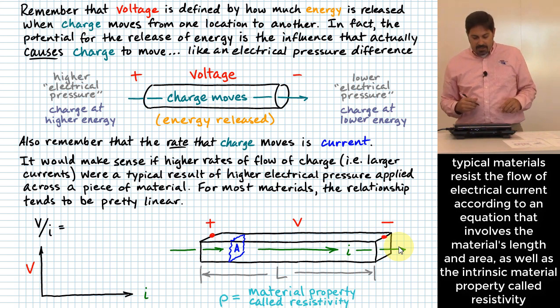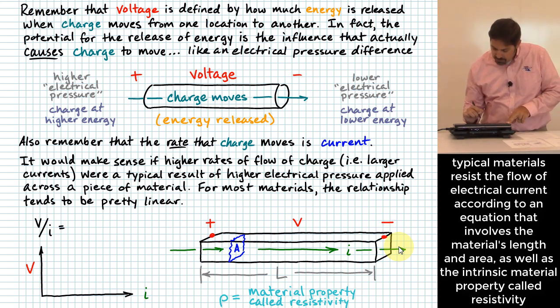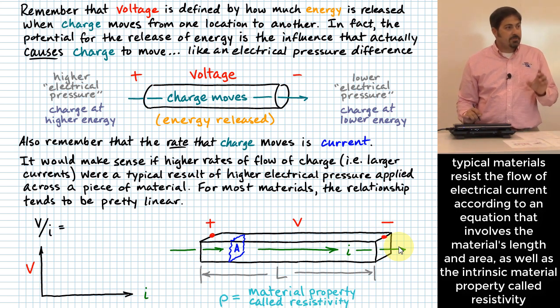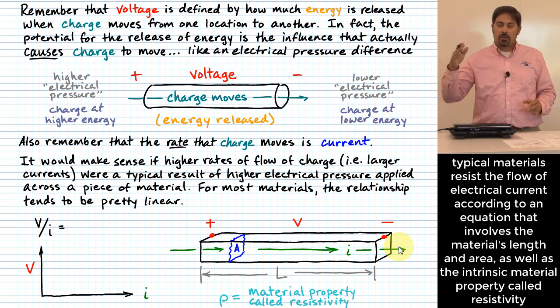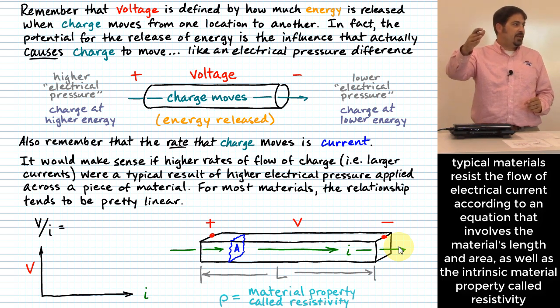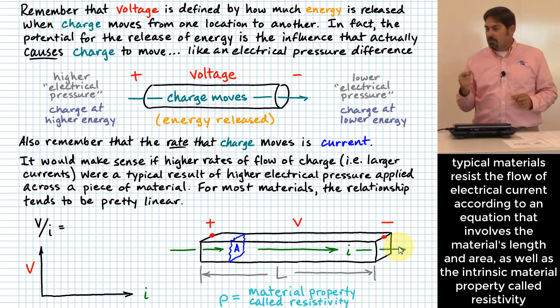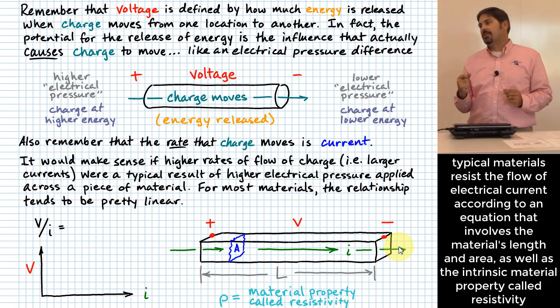And it's going to be related to three parameters. One is how long the piece of material is. If you have to push current through a longer distance, that typically increases how much voltage it takes to push a given amount of current.